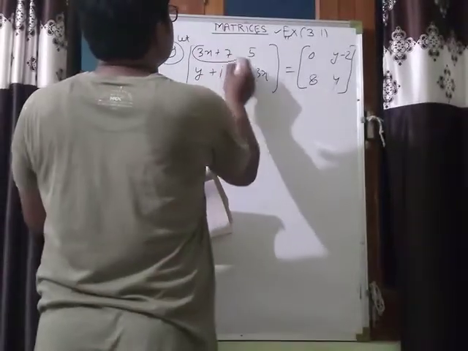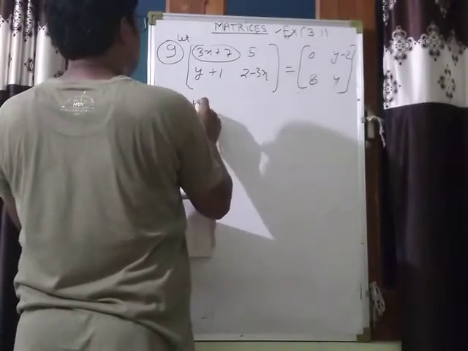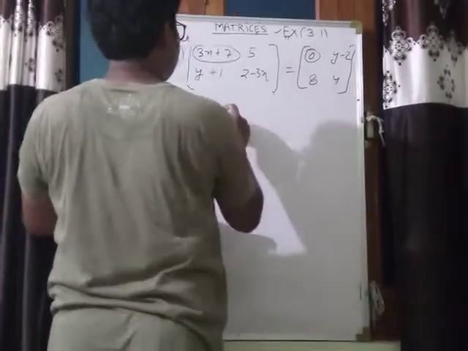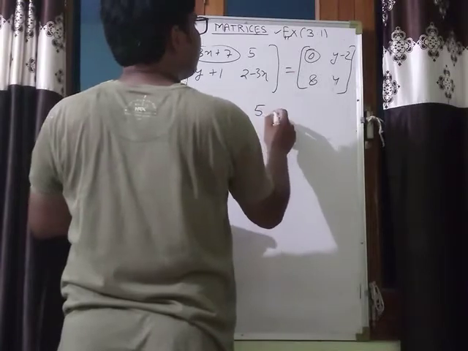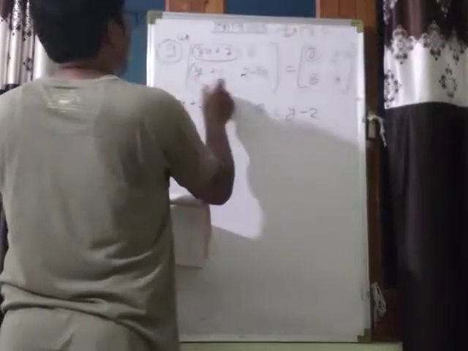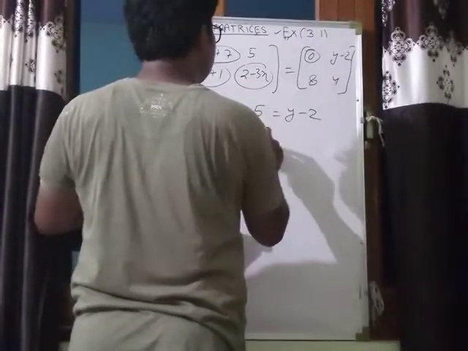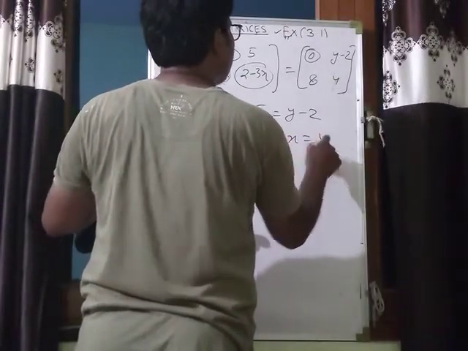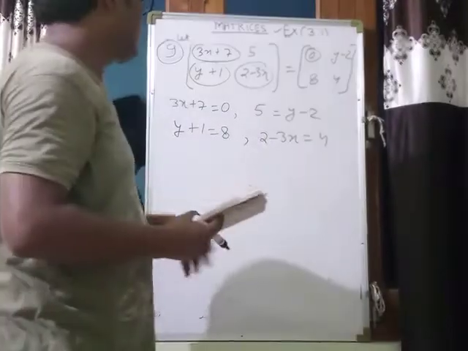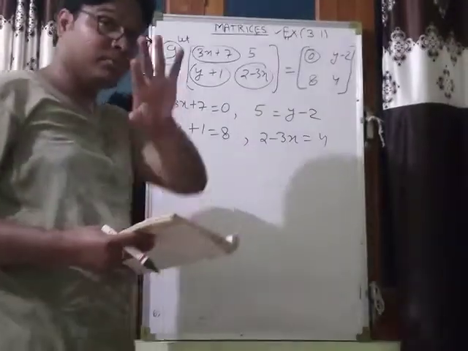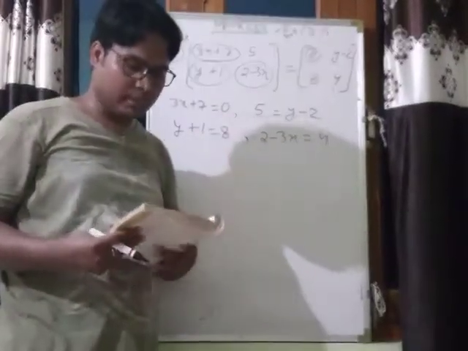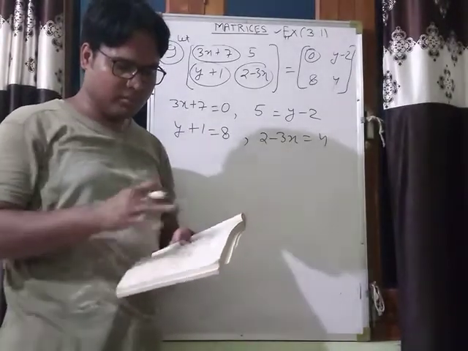Then clearly 3x plus 7 must be equal to 0, 5 equal to y minus 2, y plus 1 equal to 8, and 2 minus 3x equal to 4. By using this we can find out the value of x and y if it is possible. Because there are 4 options given, you can see.